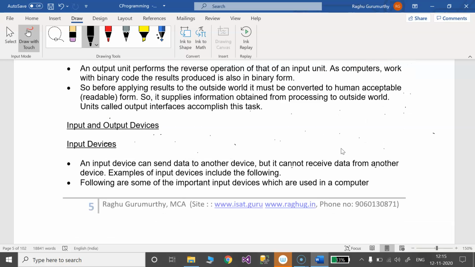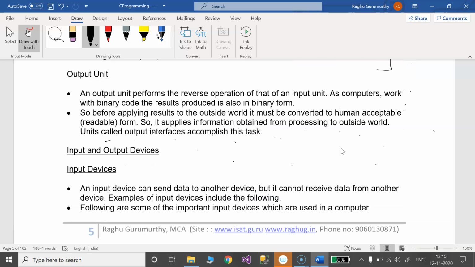Later, we have the output unit. An output unit performs the reverse operation of the input unit. Definitely, the input unit takes data into the system, and this is out of the system. That's why they are telling it is the reverse of input. Then, as computers work with binary code, the results produced are also in binary form.